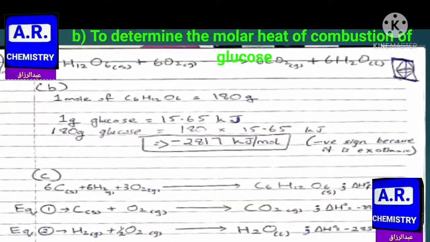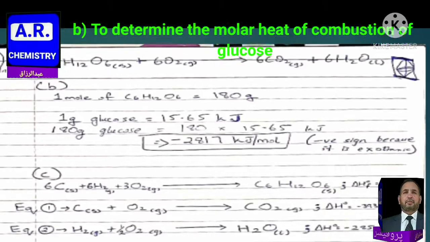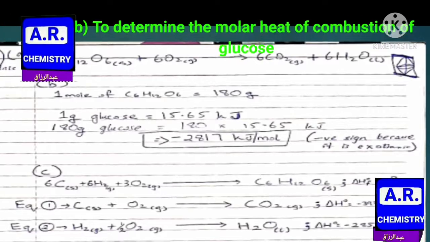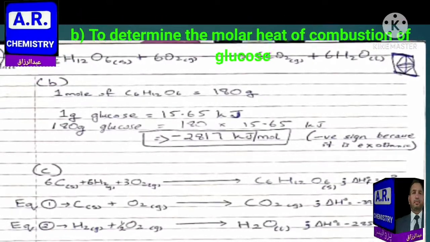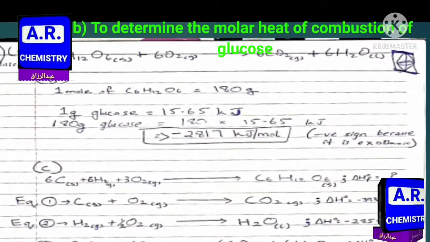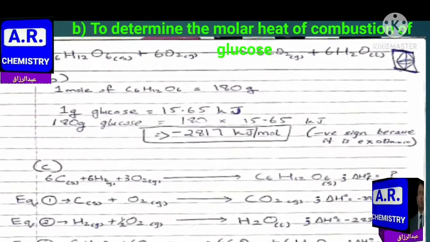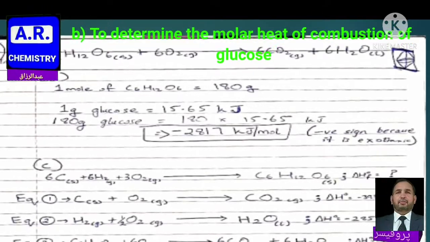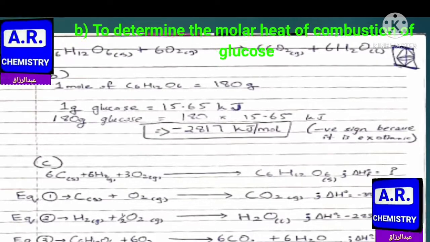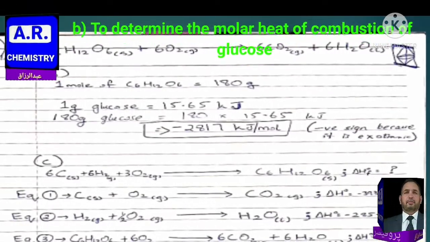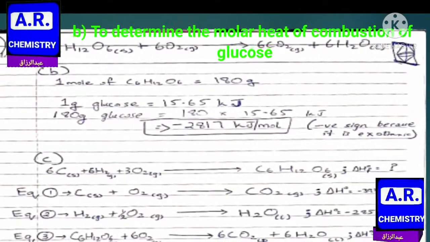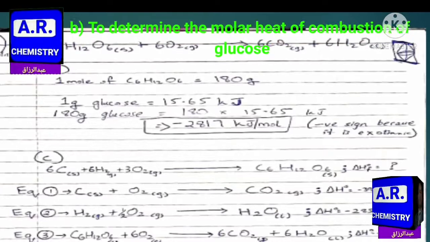Now comes the B part of question 16. 1 gram of glucose gives heat 15.865 kilojoules, and you are to determine the molar heat, and 1 mole of glucose is 180 grams. So in the second step, you will write under section B: 180 grams of glucose will give heat, so you multiply 180 into 15.65.